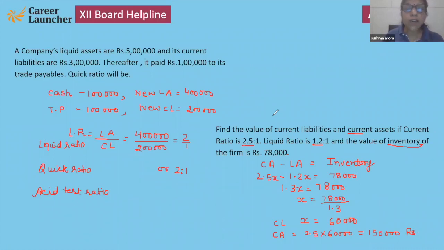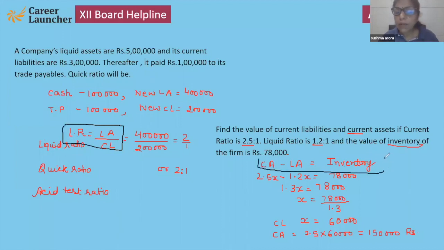Just learn the formulas. These are the formulas I want to tell you to learn. Like here, this is liquid ratio, one formula, other name, and here another formula. So you have to learn the formulas, then you will be able to do the questions.